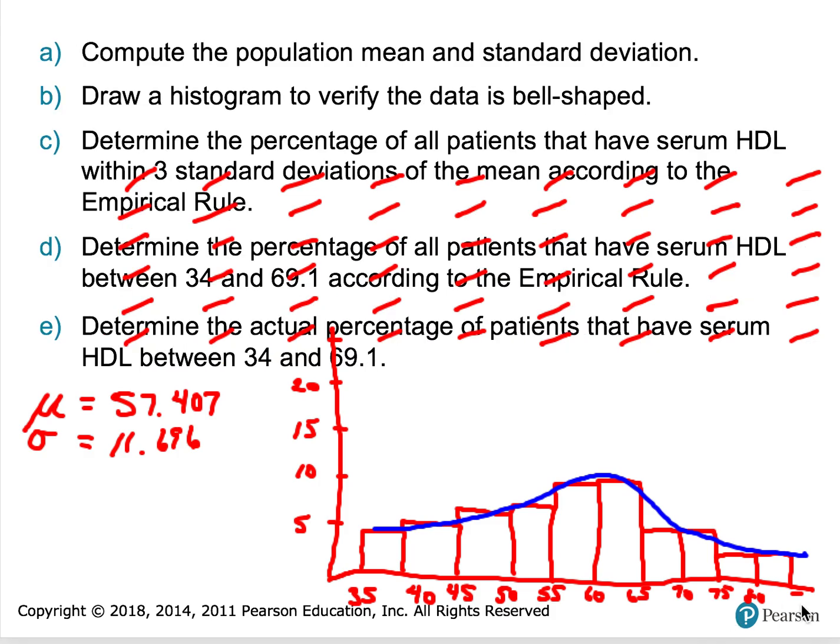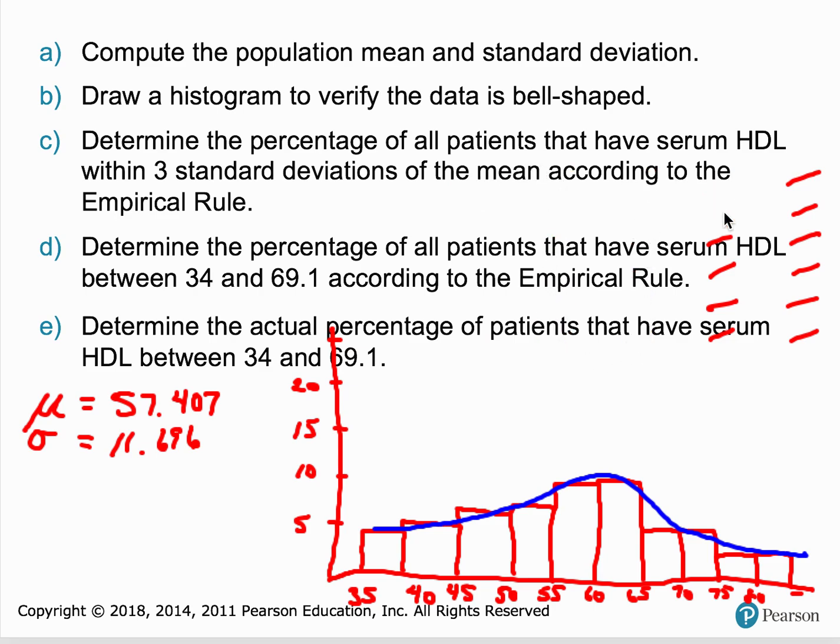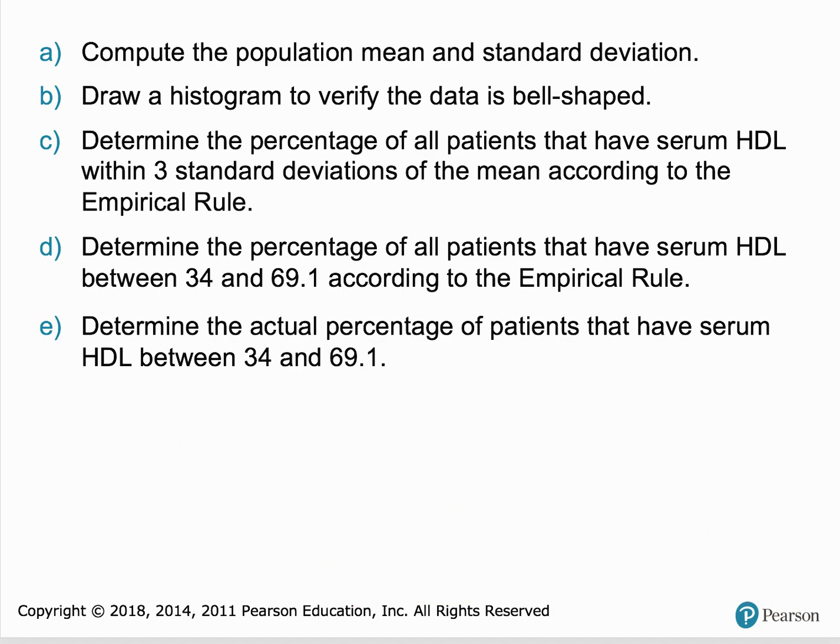let's see what else it's asking us to do. Okay, determine the percentage of all patients that have serum HDL within 3 standard deviations of the mean. Oh, well, that's automatically 99.7. I don't even have to draw it or anything. Oh, shoot. I hit the wrong button.